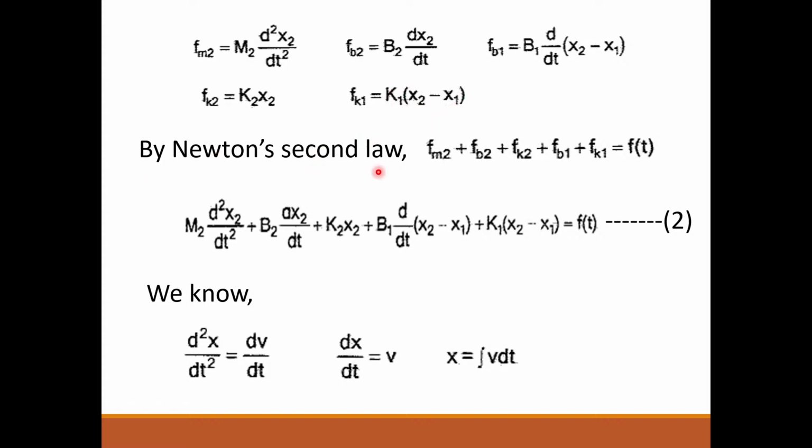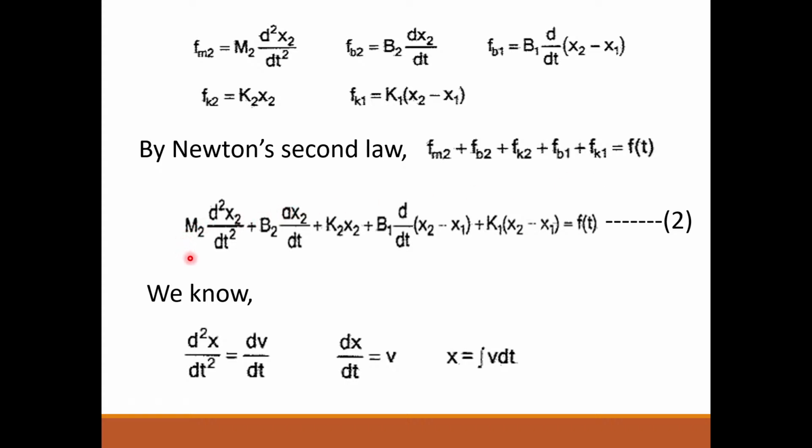Now apply Newton's second law at mass m2. If you apply Newton's second law at mass m2, the applied force F of t should be equal to what? Opposing forces, the sum of the opposing forces. So the sum of the opposing forces is Fm2 plus Fb2 plus Fk2 plus Fb1 plus Fk1.